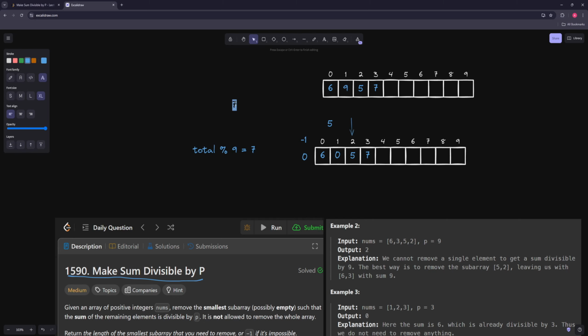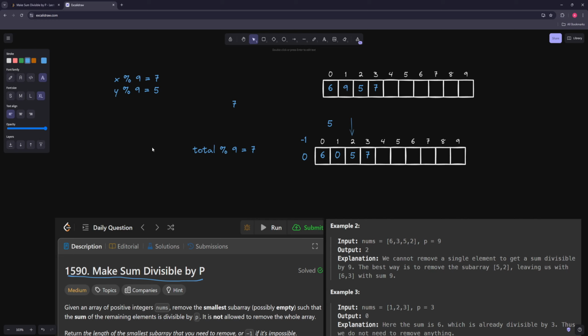Because, if you think about it, if x mod 9 is remainder 7, and y mod 9 is remainder 5, and y is x plus some other number, that difference has to have remainder 7. Right? Because it's the same as adding up remainders. If this is remainder 7 and this is remainder 5, then we had a remainder 7, we added another remainder 7, and now we have a remainder 5, right? Any numbers will be like that.